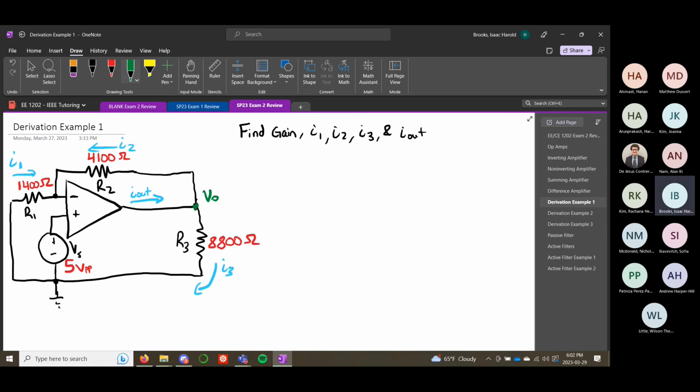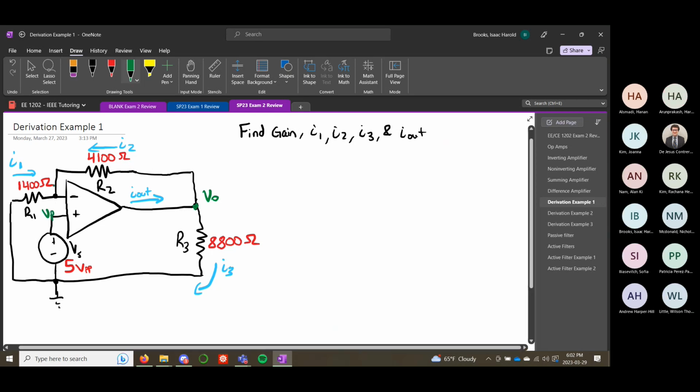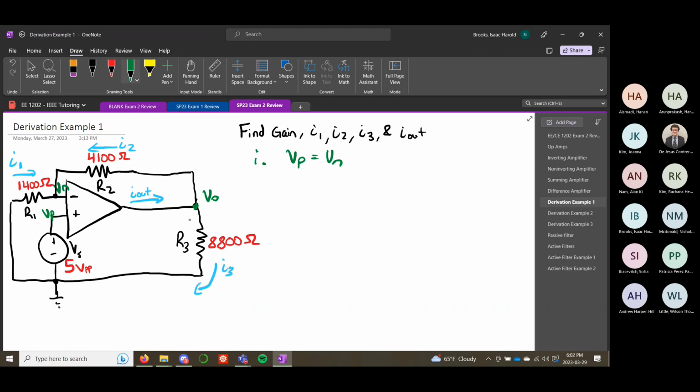So to start with, let's try and find the voltages at these two nodes. We'll call them VP, VN. Okay, and we know from our golden rules that VP equals VN. And we can see that the bottom of this source is grounded.